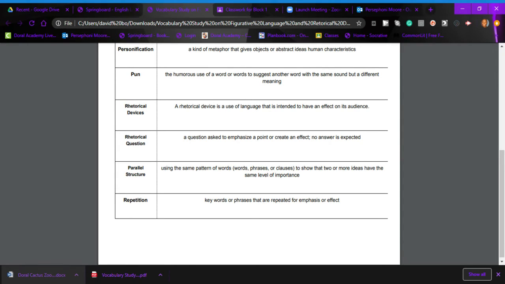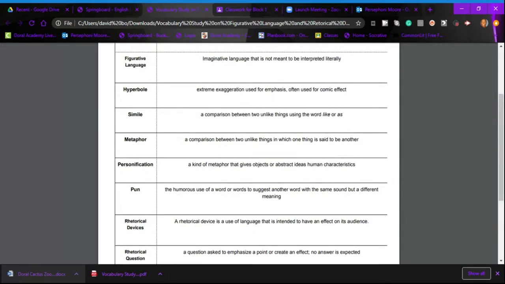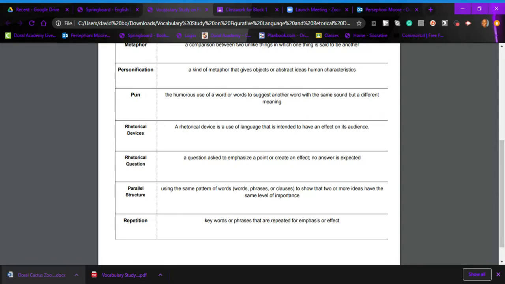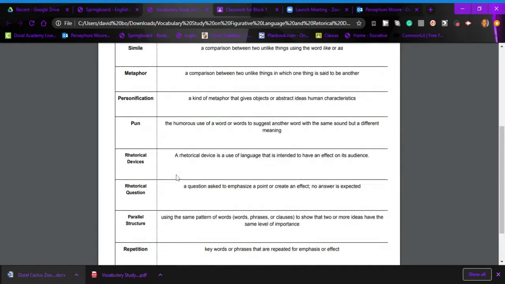Well, I do hope that this was informative. And even though some of these words we've already seen before, there are certainly some new ones that we could get familiar with. For your vocabulary challenge, I would like you to find examples of figurative language and rhetorical devices in movies.